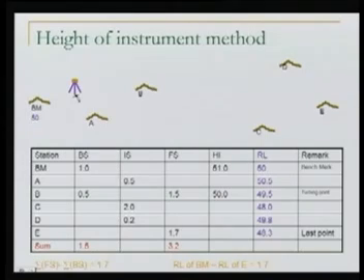Having done that, the next step will be I'll keep a staff at the known point, which is the benchmark. Because this benchmark RL is known to us, so we keep a staff, and next we will level our instrument. Level means we'll set it up, we'll level it so that the line of sight is now horizontal.